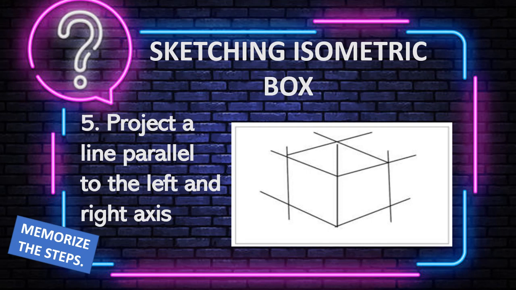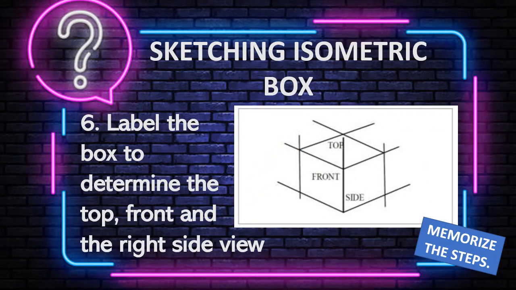Project a line parallel to the left and right axis. And lastly, this is our step number 6. Look closely at the sketch. Label the box to determine the top, front, and the right side view. Again, this is how you will sketch step number 6.